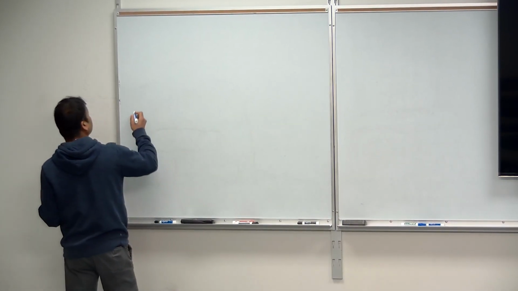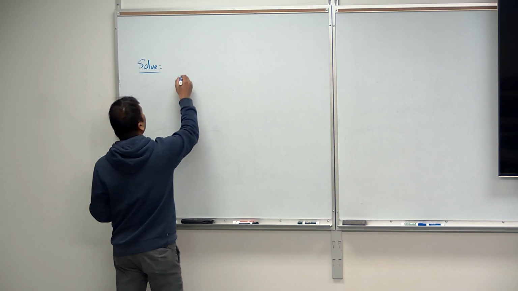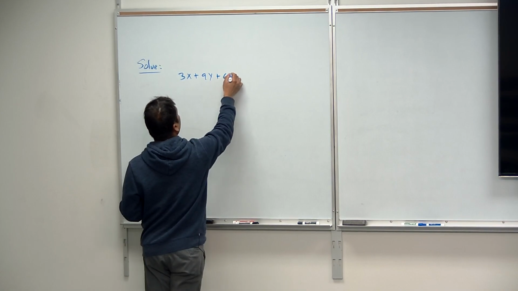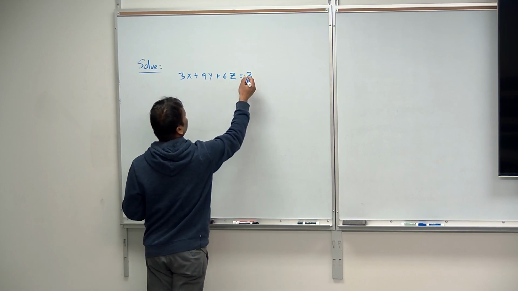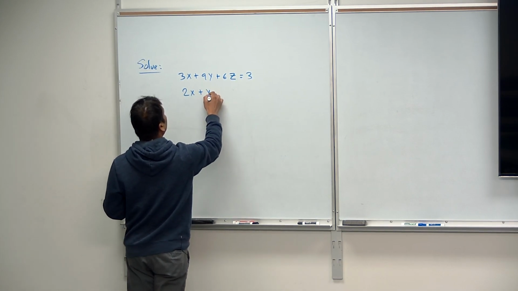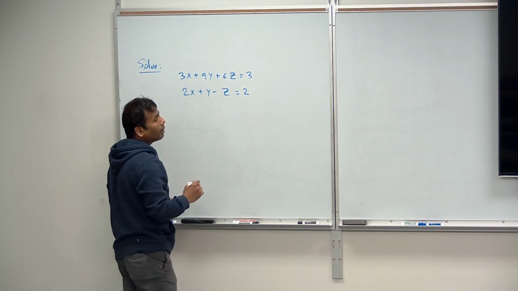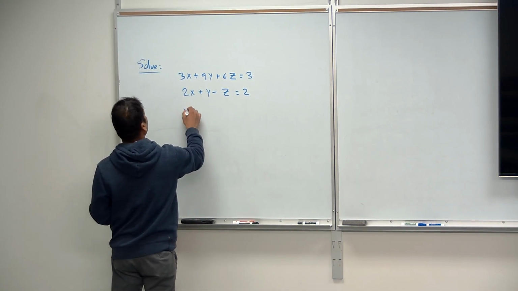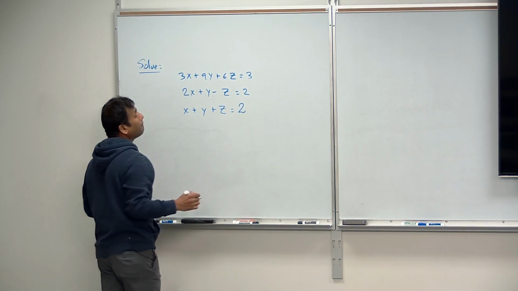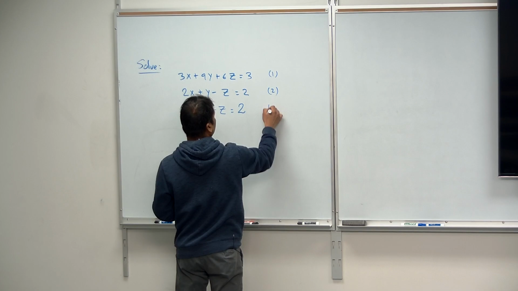Solve the system. 3x plus 9y plus 6z equal to 3, and then 2x plus y minus z equal to 2, and you have x plus y plus z equal to 2. So this is equation 1, this is equation 2, and this is equation 3.